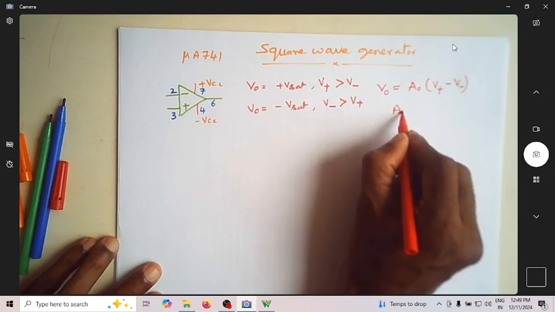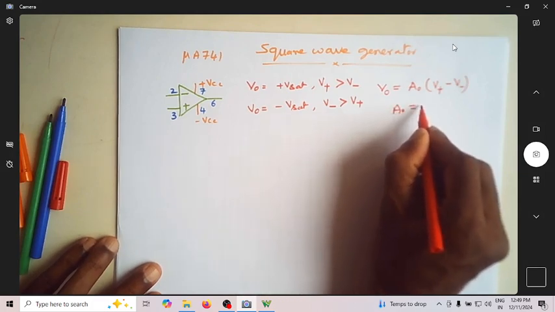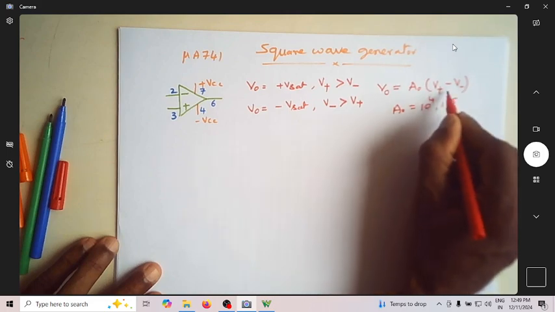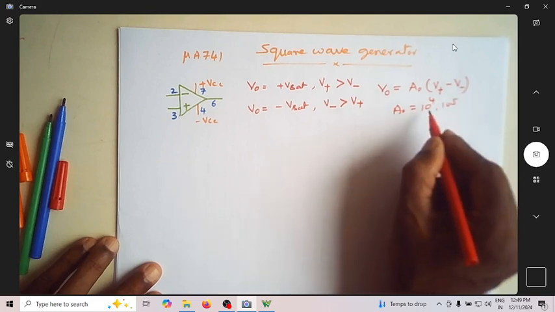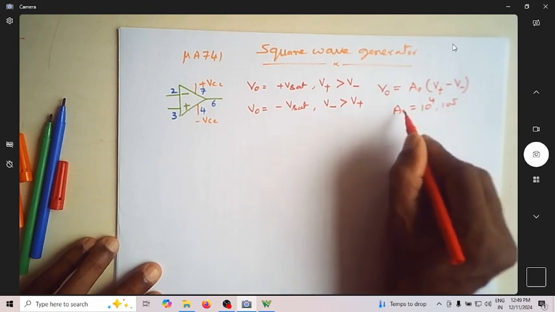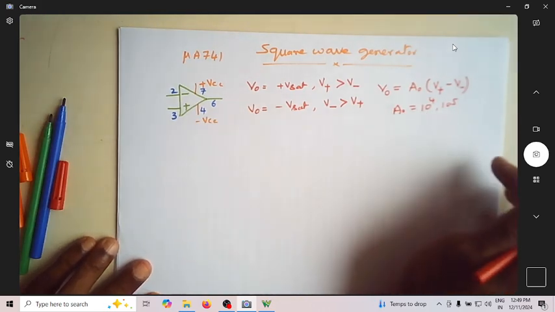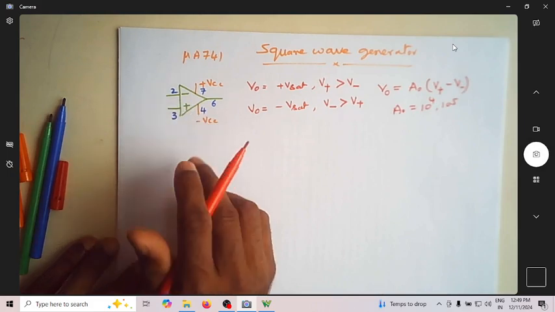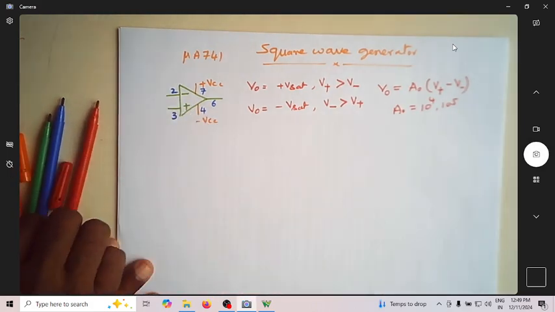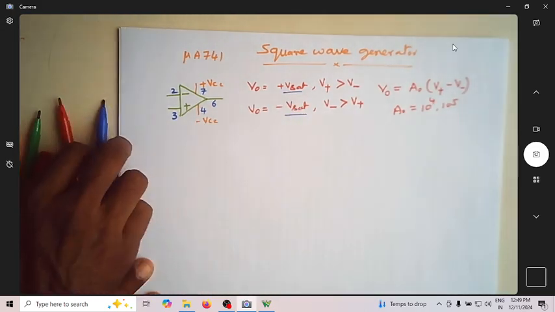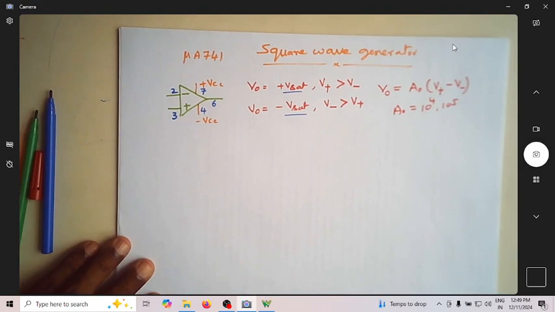As A naught is a pretty large quantity, maybe of the order of 10 power 4 or 10 power 5, whatever difference we get will be multiplied by this huge number. That would end up as a very large voltage, which is not possible to get. So the output voltage will either settle at plus Vsat or minus Vsat. That is the theory we already know.